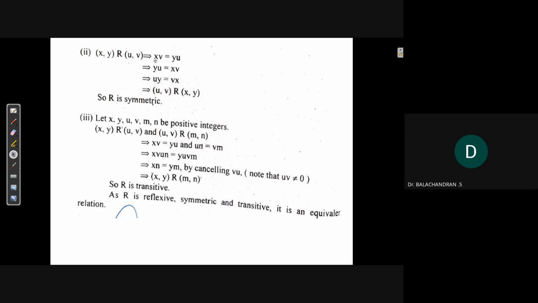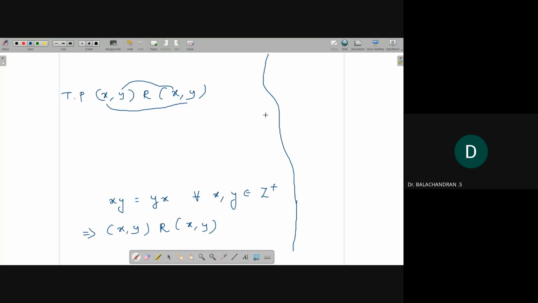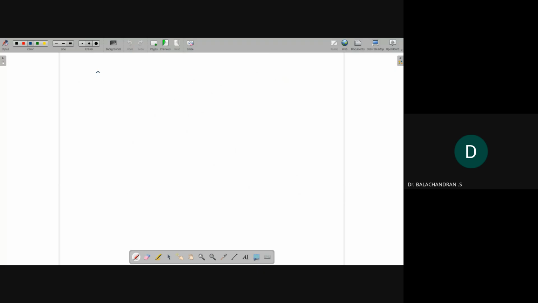Okay, I think up to this you got it. Now, maybe I'll write in the next page: (x, y) related to (u, v). Finally, I need to prove (u, v) related to (x, y).